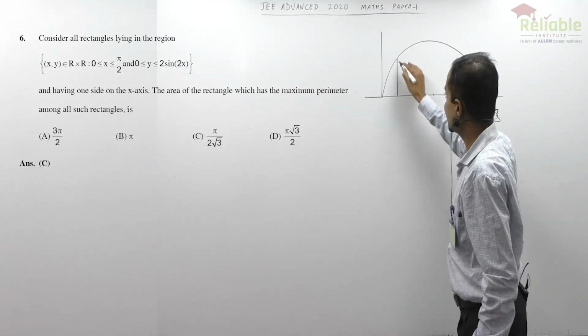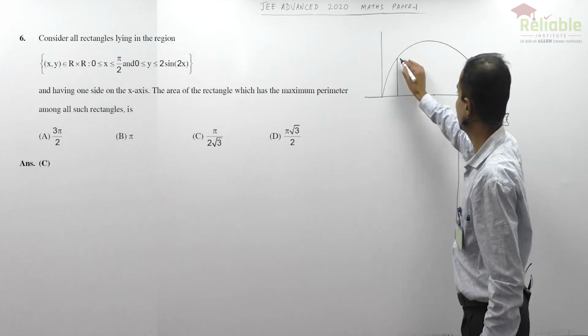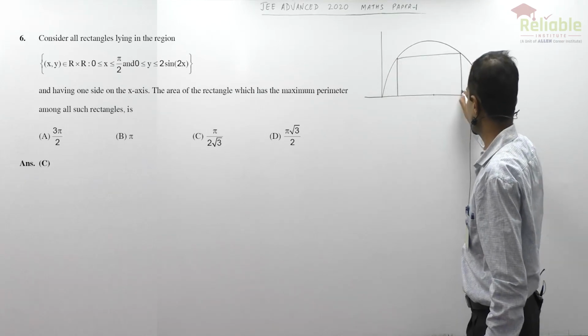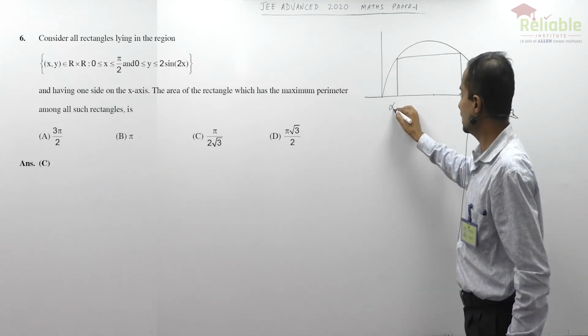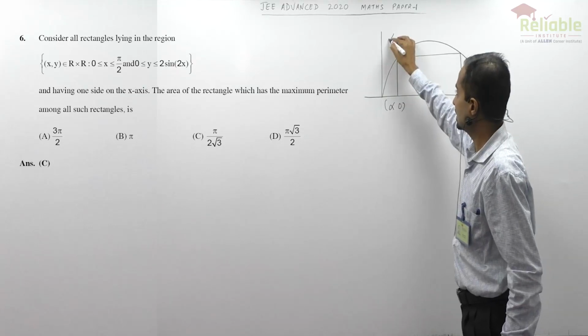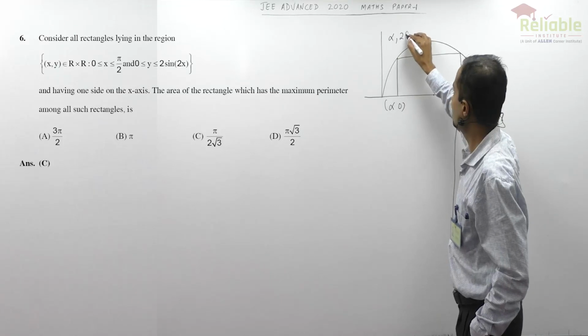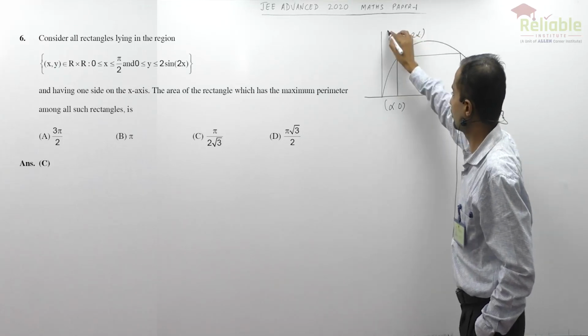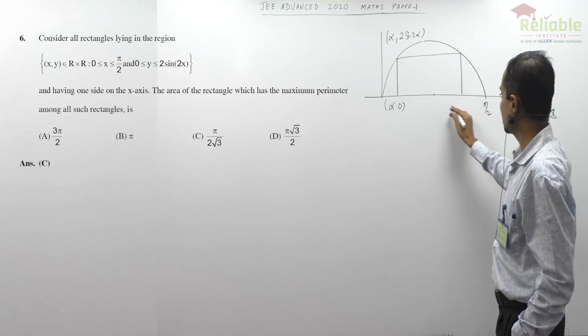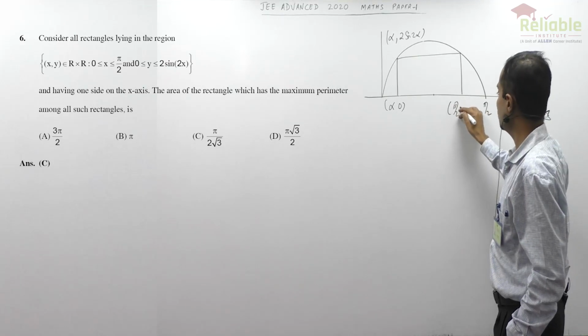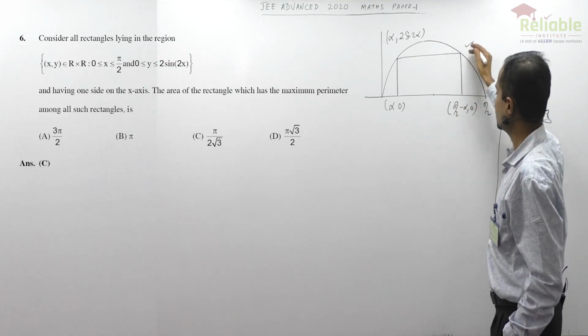We have to maximize the perimeter of this rectangle. Now if this is alpha comma 0, this is certainly alpha comma the curve 2 sin 2 alpha. From symmetry, the other point is pi/2 minus alpha comma 0, and so is this one.